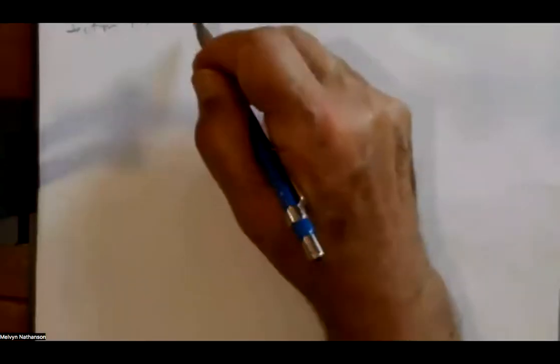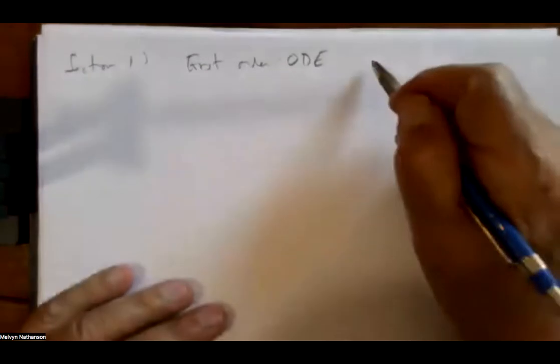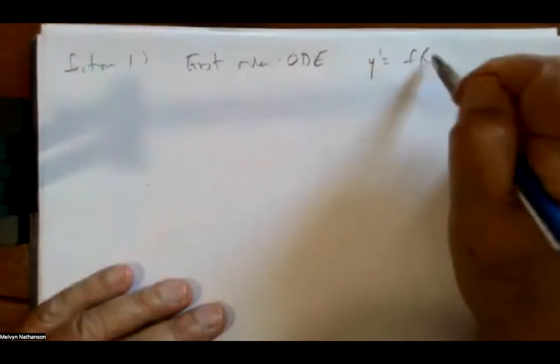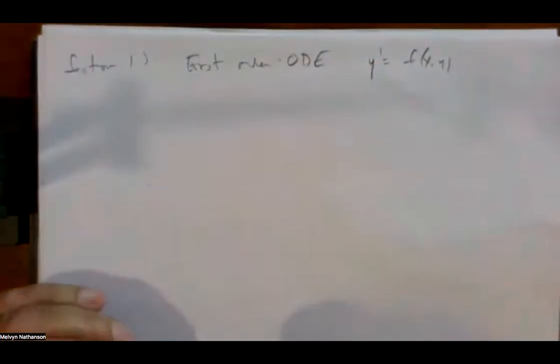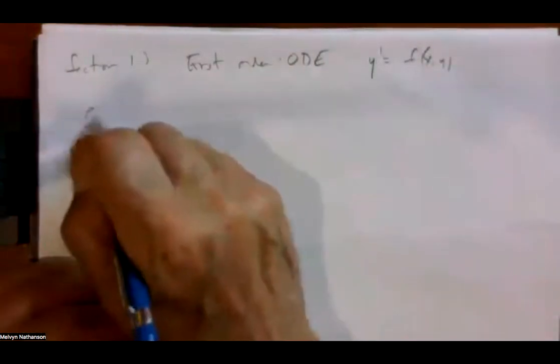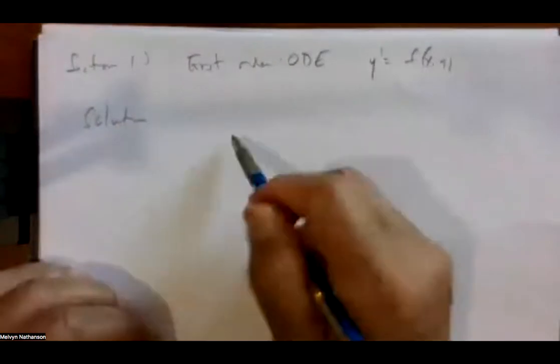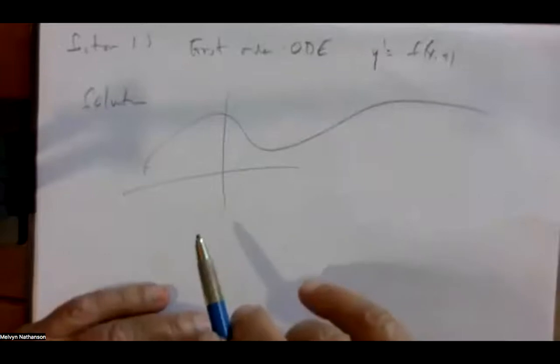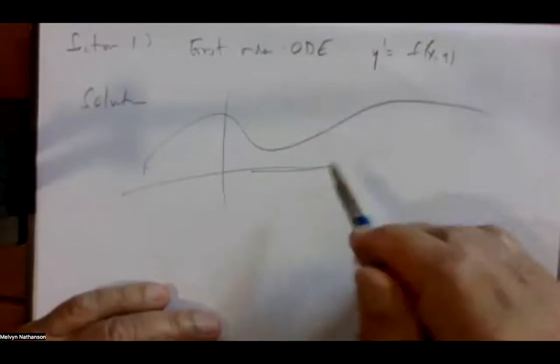Because if you have your differential equation, let's say it's first order, and you can write it in the form, so this is a first order ordinary differential equation, we write it as y prime is some function of x and y. And suppose you have a solution of this equation. So the solution, let's say you graph it, it's some curve in the plane. That's the solution.